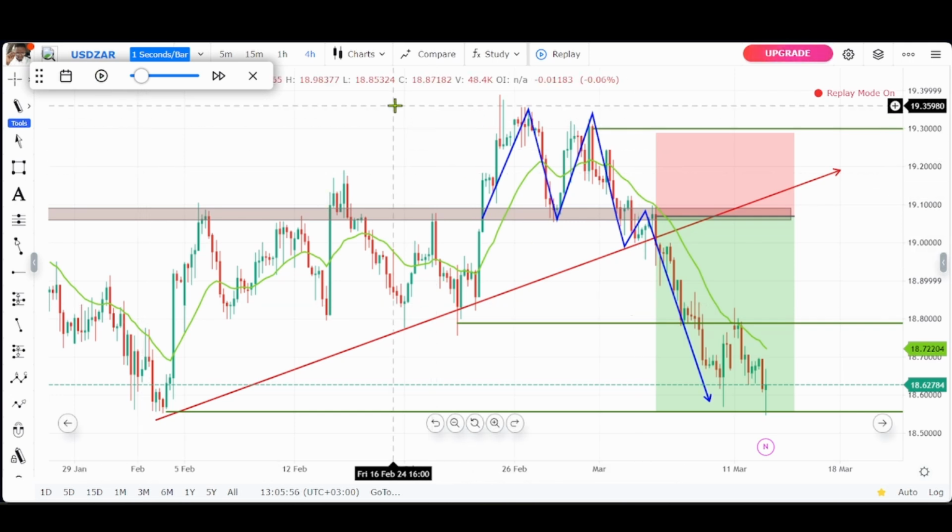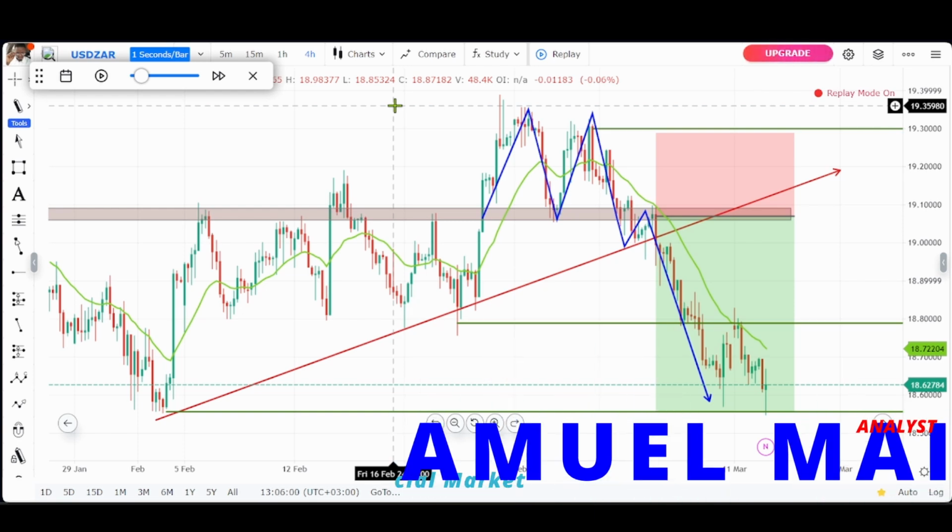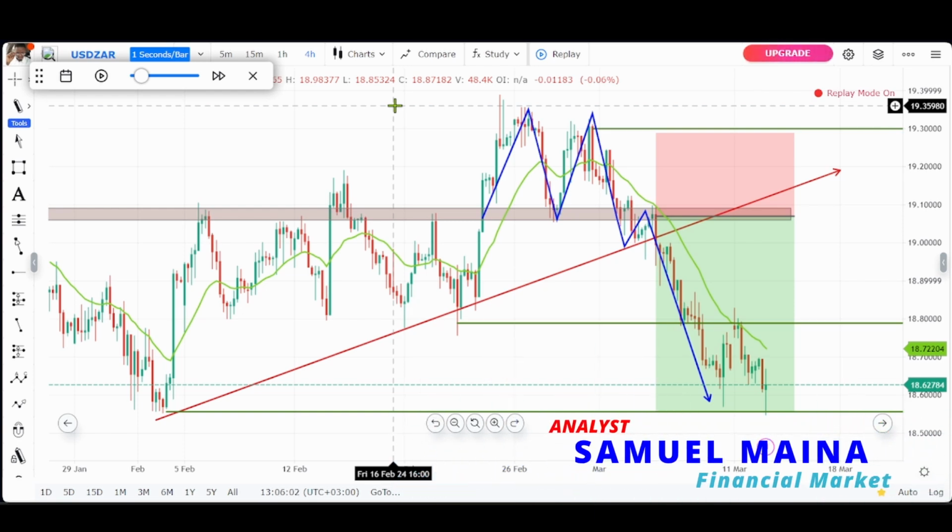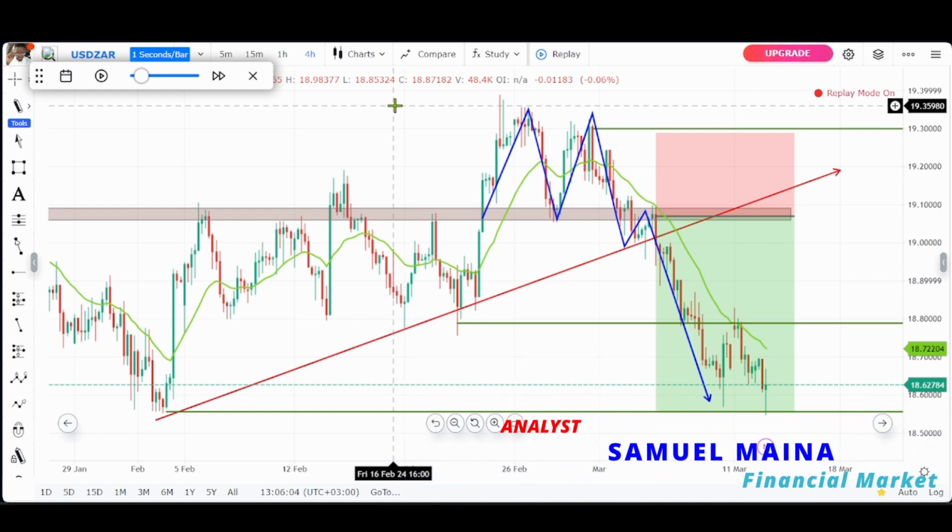We can see that all our take profits have been hit. This is essentially how to trade double tops.